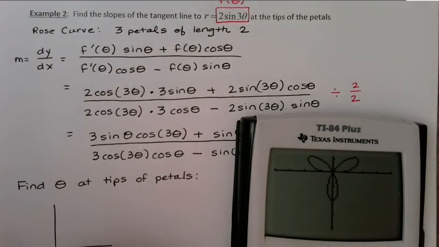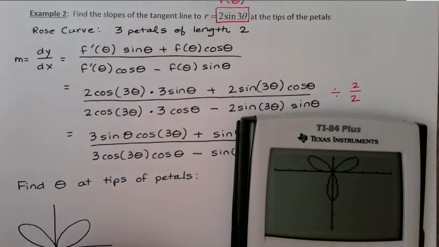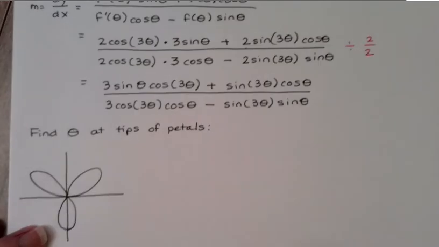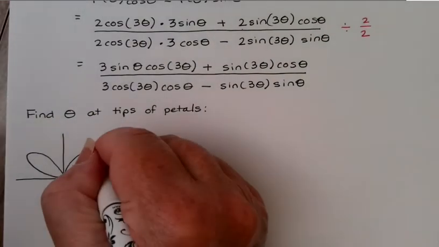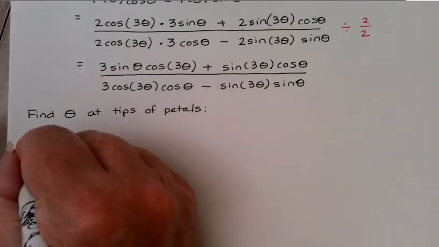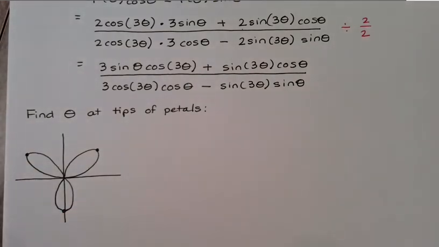So let's see. One petal's in the first quadrant. One petal's in the second quadrant. And the third petal goes around the negative y-axis, like so. Okay. I need the theta values here, here, and here.